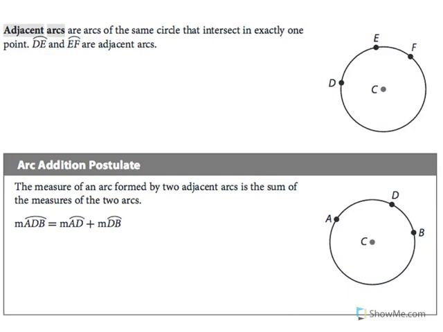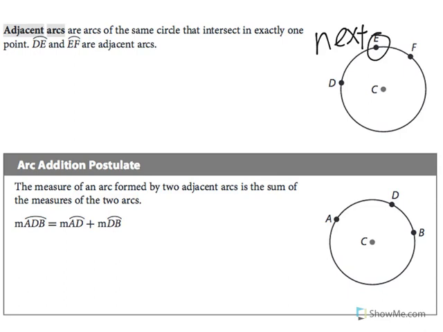The next definition is adjacent arcs, or arcs of the same circle that intersect in exactly one point. So DE and EF are adjacent arcs. It means that they're next to each other, and they share one endpoint.